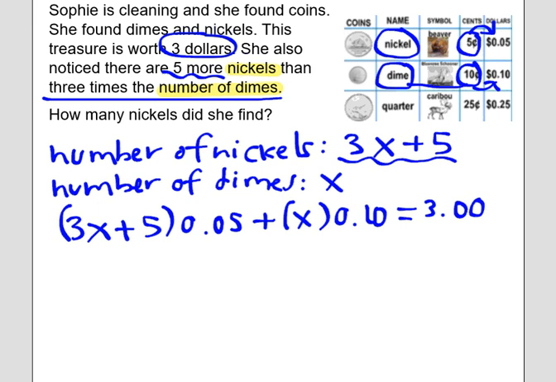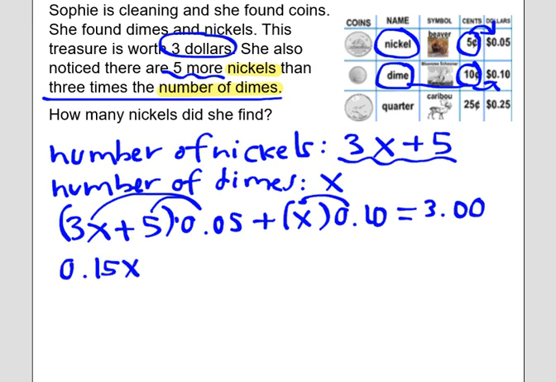So what do we do when we have a bracket here with a number next to it? It's multiply. So we need to multiply it with everything inside. Let's look at the first one. 3x times 0.05. So imagine 5 cents times 3, that's 15 cents.